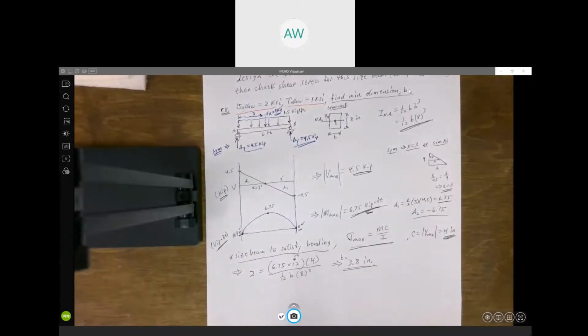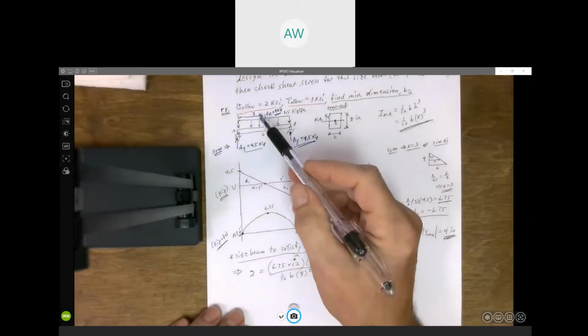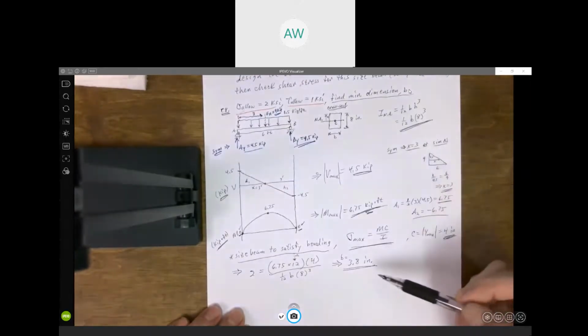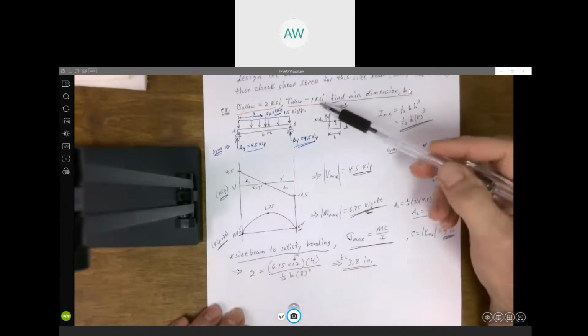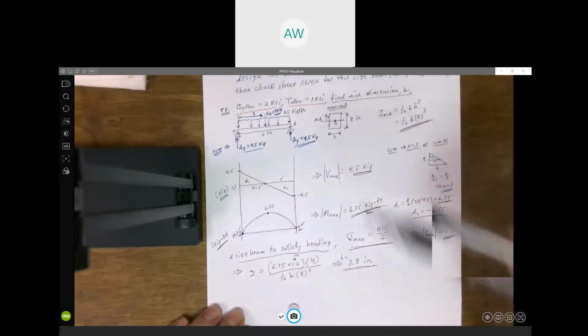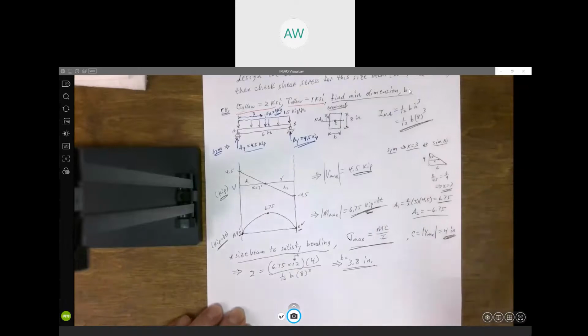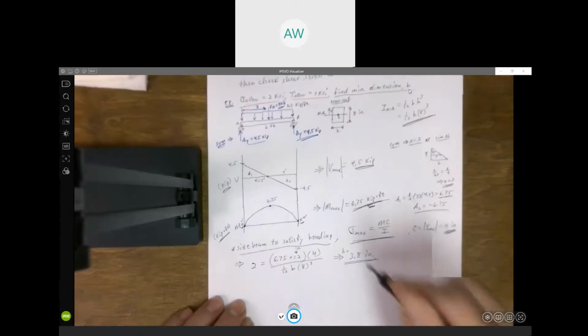But we're not quite done, right? That would tell me what size beam I need to satisfy the allowable bending stress. Most of the time, we'll find the shear stress is okay, but you've got to check the shear stress for that size.